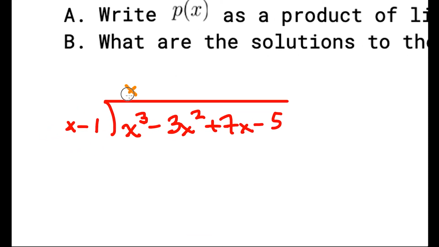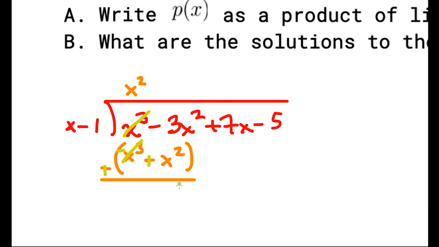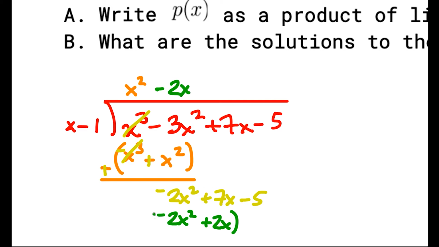Okay, just looking at the leading terms, you're going to have x squared here, and then you'll have x cubed minus x squared here. And then we're going to subtract this all out here. So subtract, subtract. That distributes, you end up with negative 2x squared plus 7x minus 5. Okay. From here, I'm going to multiply by negative 2x, and you'll be left with negative 2x squared plus 2x.